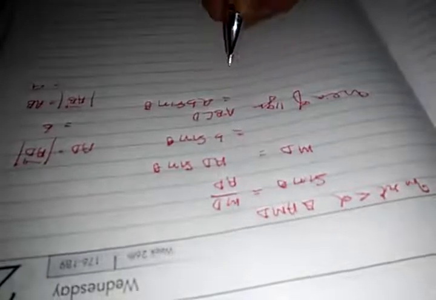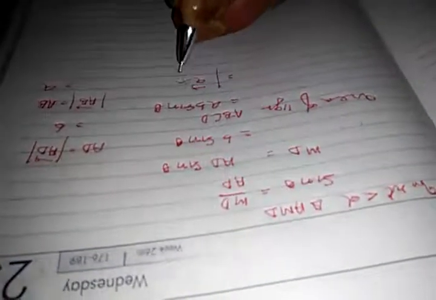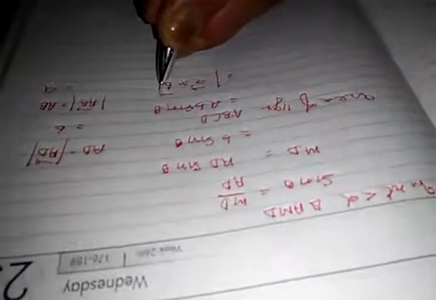So what is AB sin theta? That is the magnitude of A cross B. So geometrically, magnitude of cross product of two vectors represents the area of a parallelogram.